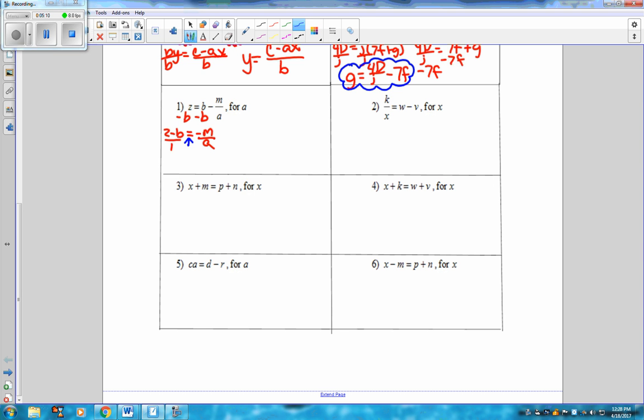So I'm going to multiply a times z minus b equals negative m times 1. So that leaves me with negative m. Now solve for a. To solve for a, I'm going to divide both sides by z minus b so that my final answer looks like a is equal to negative m divided by z minus b.